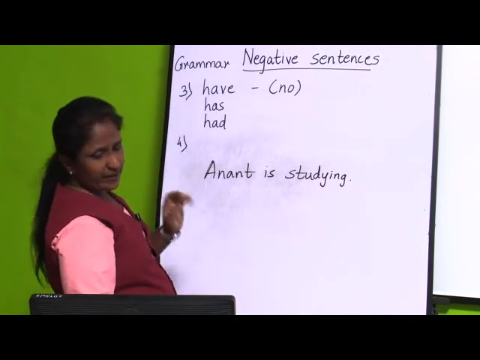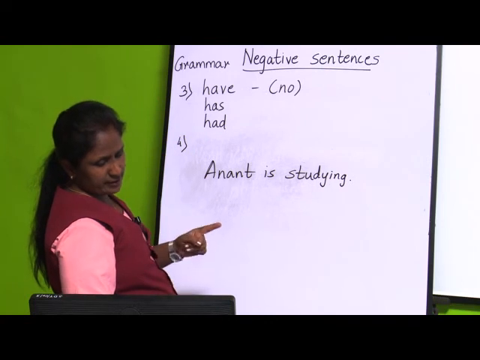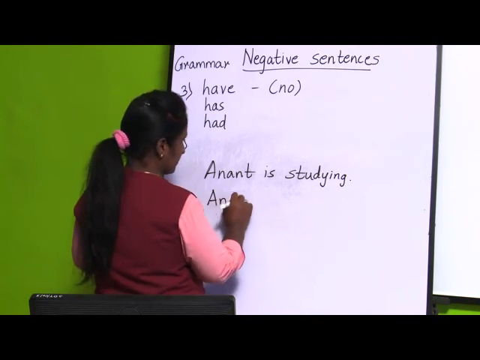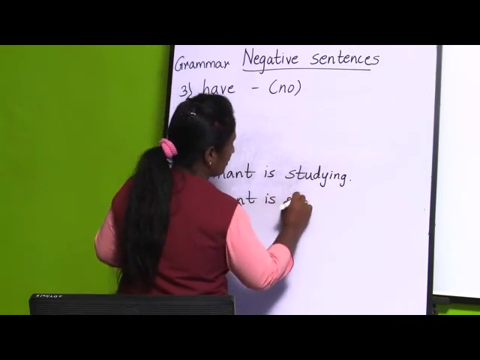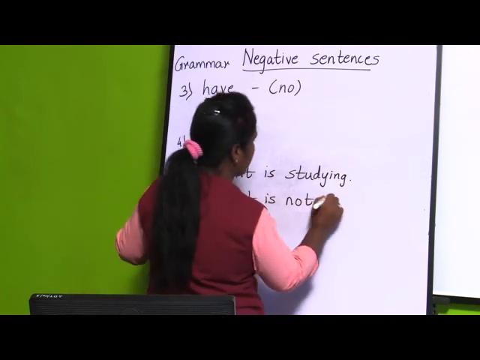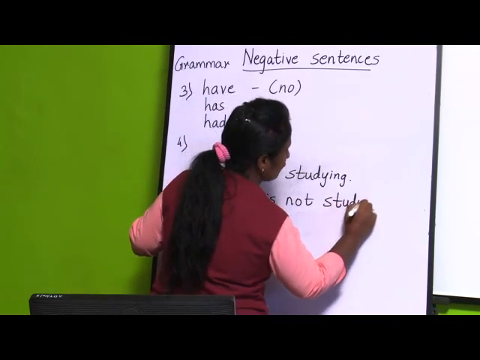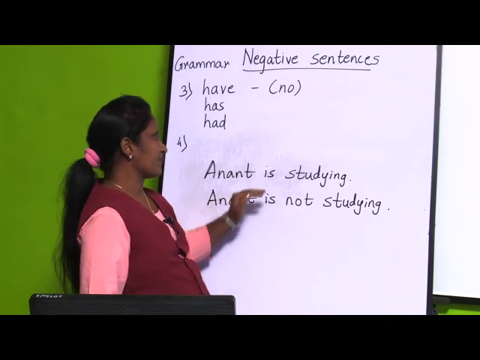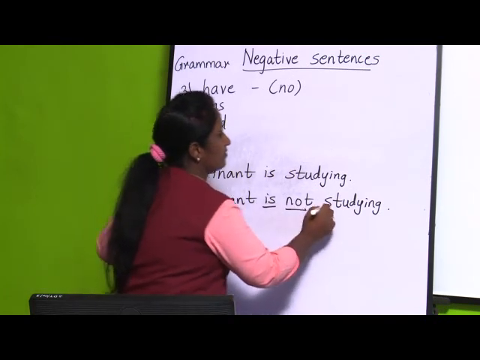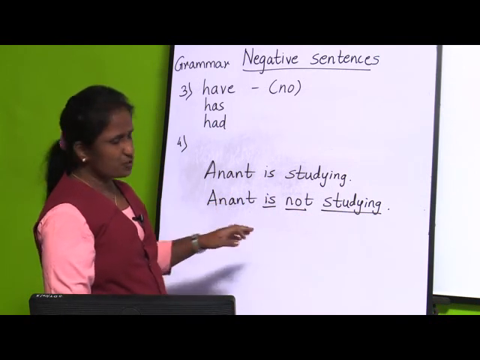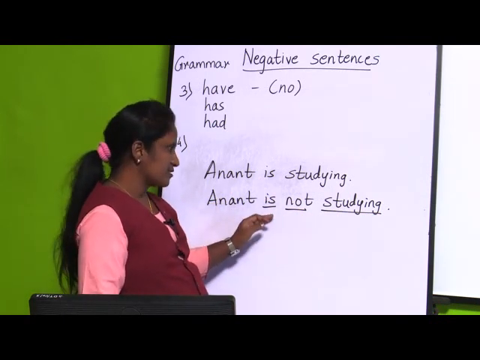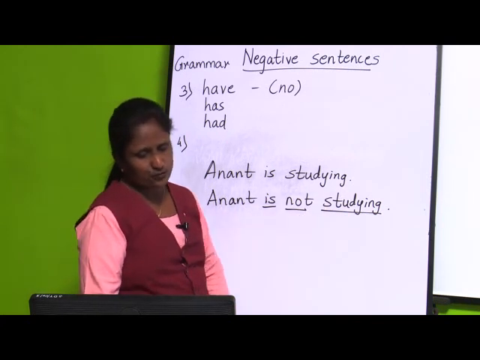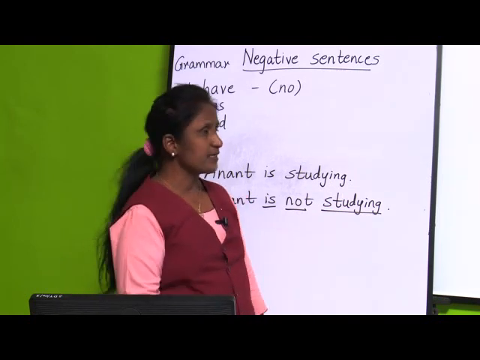Anant is not studying. So the verb consists of more than one word: is also there, we have used not, and we have used the other verb, studying. So here also we use the word not.